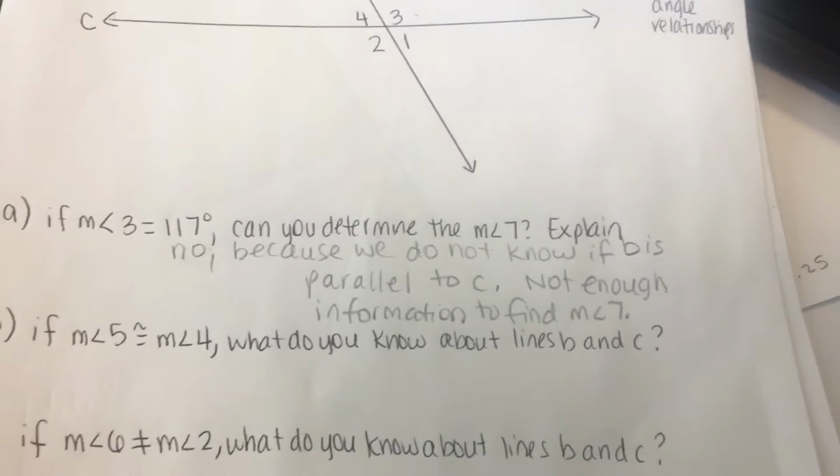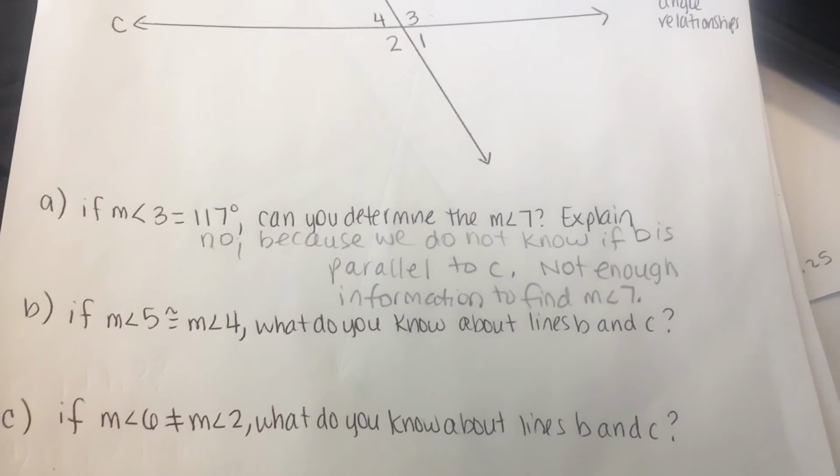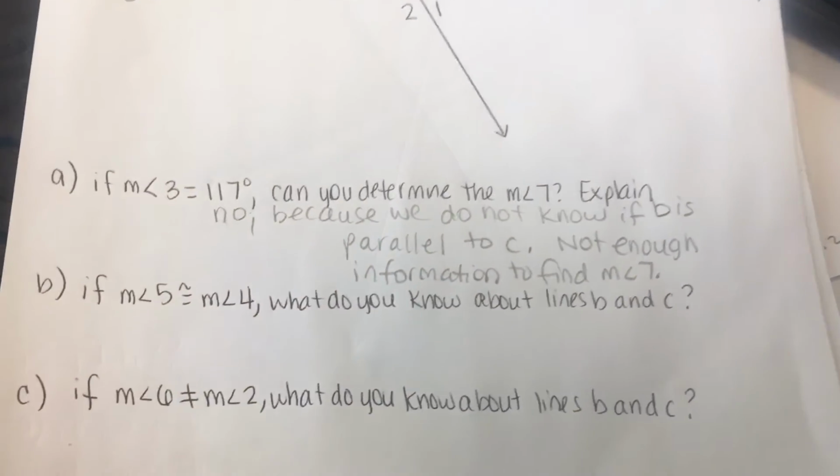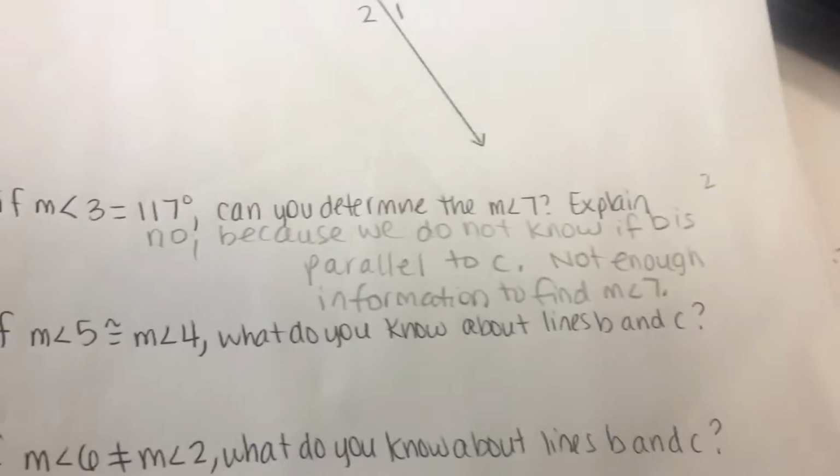But most of you were so gung-ho and said they were corresponding. I gave 1 point because you understood what corresponding was, but I couldn't give you the full 2 points because the lines were not parallel. Hopefully you'll get that right tomorrow.